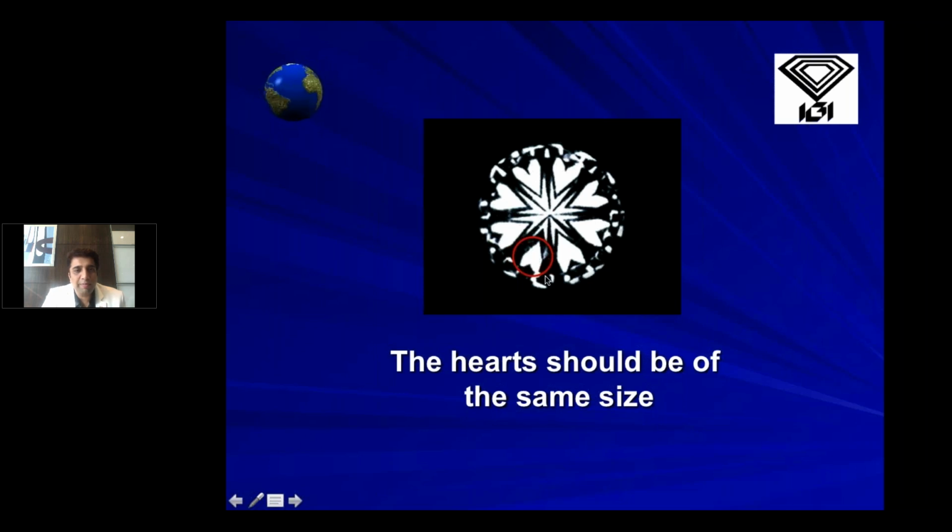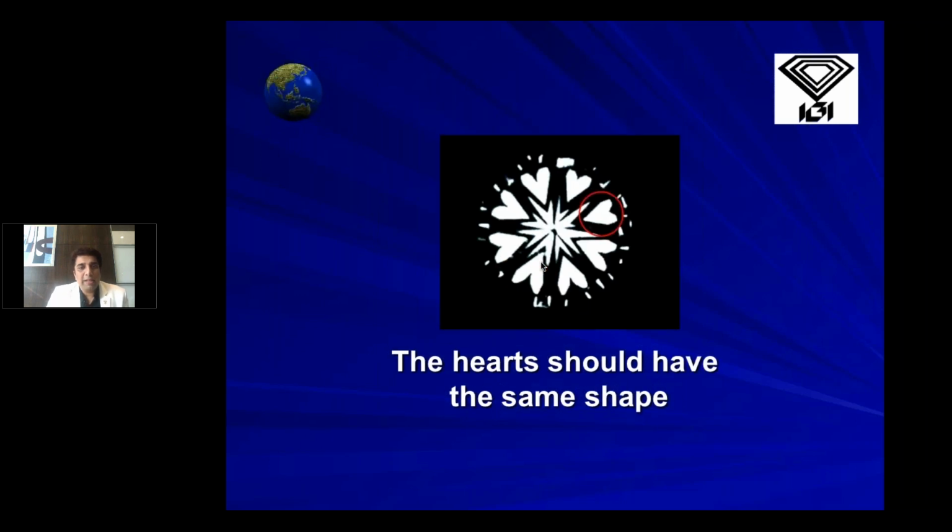However, one of them, as we pointed out, is a smaller heart. So if you have 7 perfect hearts and 1 heart which is not of the same size, this would fail. This particular stone, just for that small heart, would not be a candidate for a hearts and arrows cut stone.